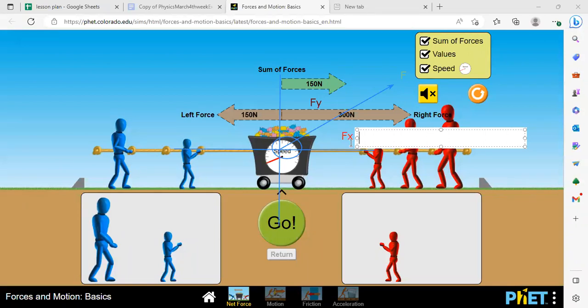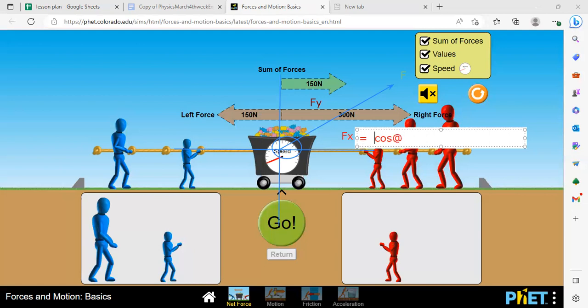That means your force along x is equal to cosine of the angle, cosine theta, times the force.